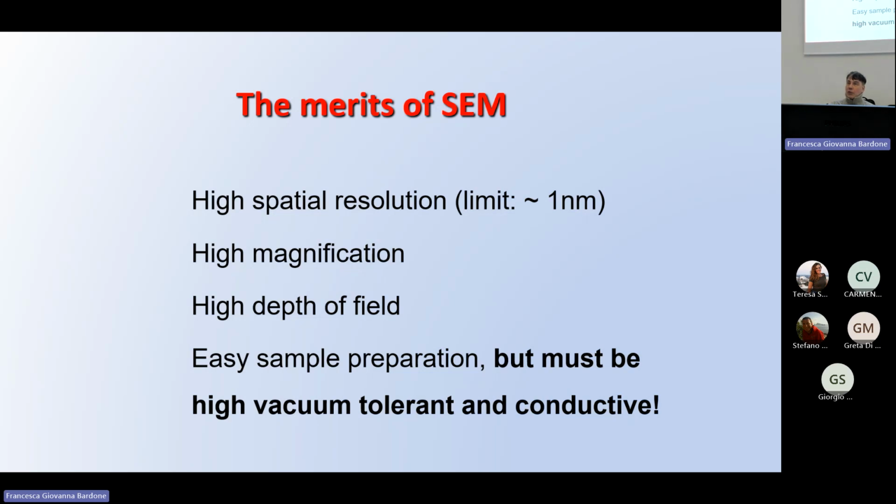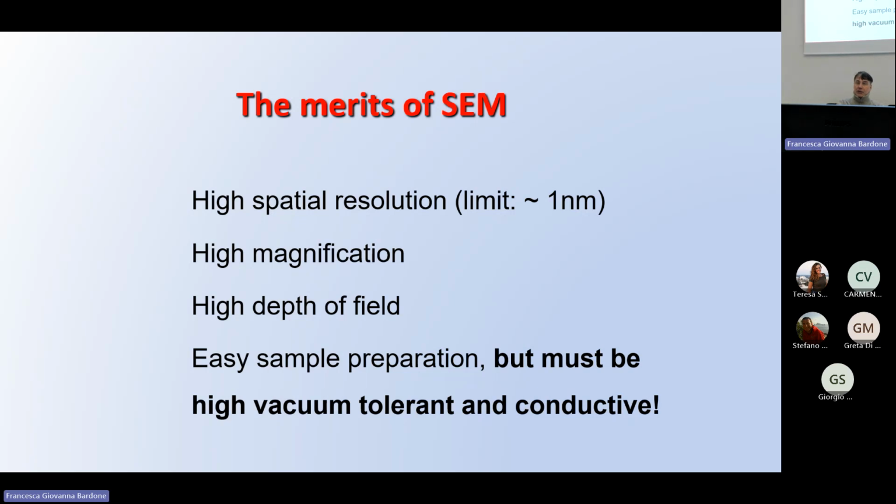Remember, when you work with an optical microscope, if you change the height of your specimen, or if your specimen has some valleys or mountains, some parts are in focus and others not, because the depth of field of the optical microscope is very, very low.